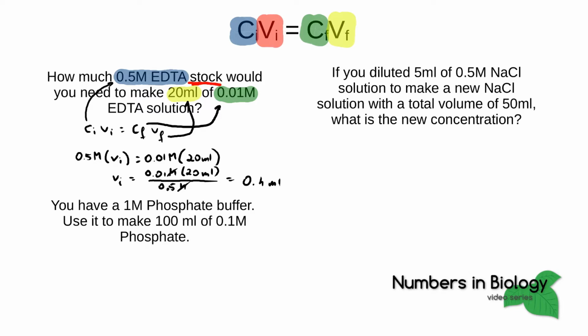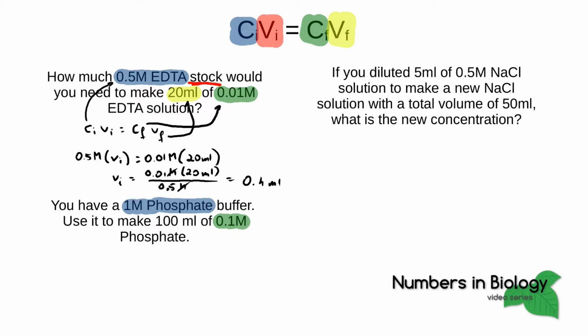Let's look at the next problem. So here we start off with a 1 molar phosphate buffer, and we use it to make 100 milliliters of 0.1 molar phosphate. So again here, the CI, our initial concentration, is 1 molar phosphate. Okay, so that's our stock. Our CF, our final concentration, is 0.1 molar phosphate.